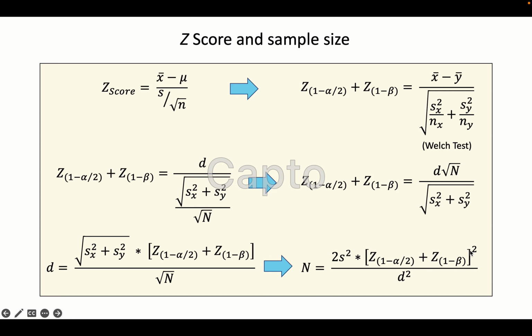It's just the square of the sum of the z for alpha plus the z for beta, all divided by the square of the effect size. So all I'm doing here is replacing x bar minus y bar by d, and in the end you come up with this equation, which is a very basic equation for the calculation of sample size.